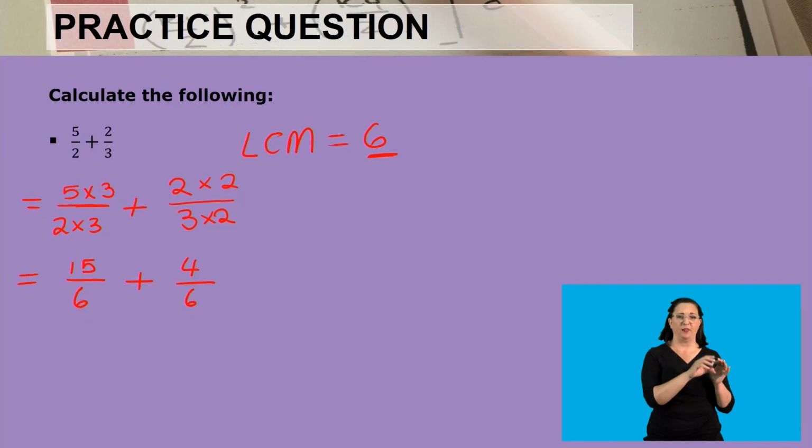If I take 15/6 and I simplify it, my answer will be 5/2. So what is 15/6 plus 4/6?